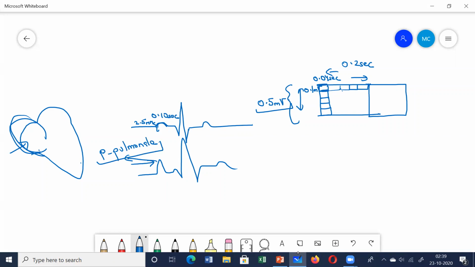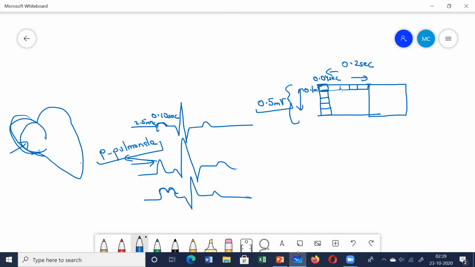Then what is the sign of a left atrial enlargement? In left atrial enlargement, you are going to get a broad and bifid P wave, something like this. There will be two peaks, so it will be a bit broader. The normal should be less than 0.10 seconds, but here you will get a broader P wave with two humps like this.